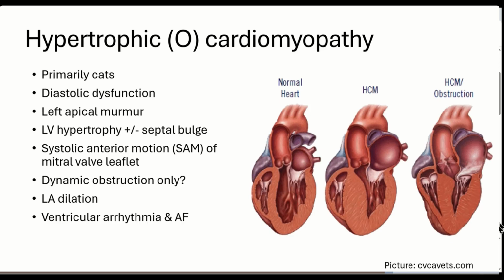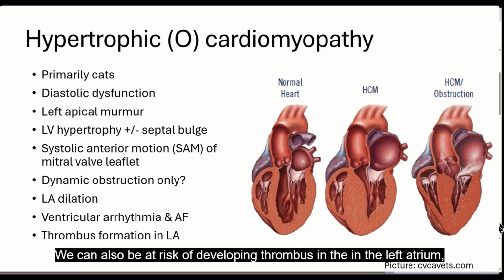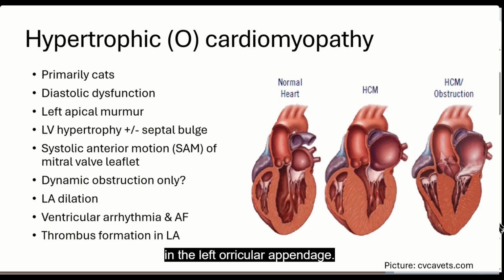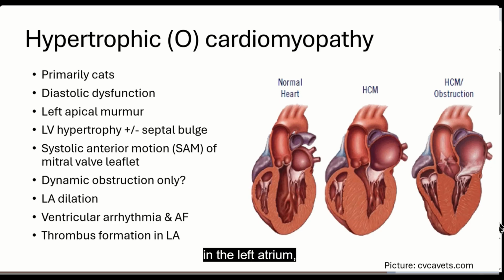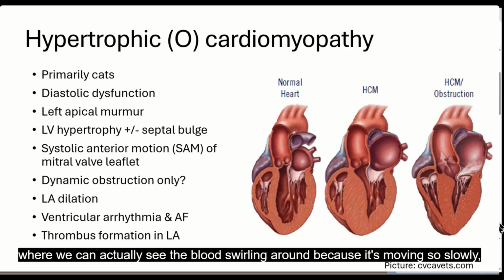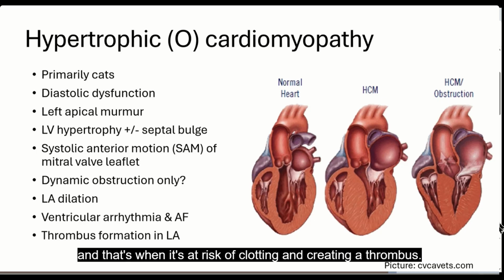We can also be at risk of developing thrombus in the left atrium, in the left auricular appendage. We get slow movement of blood within that left atrium, and we can see spontaneous echo contrast, also called smoke, where we can actually see the blood swirling around because it's moving so slowly, and that's when it's at risk of clotting and creating a thrombus.